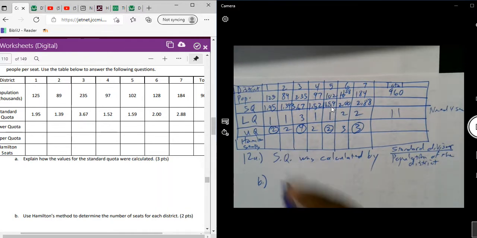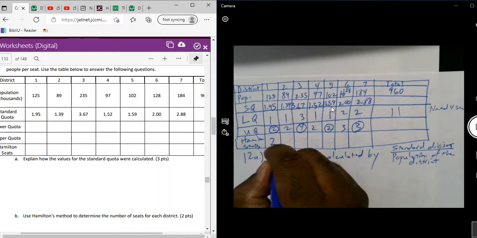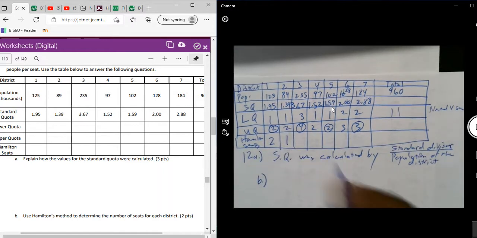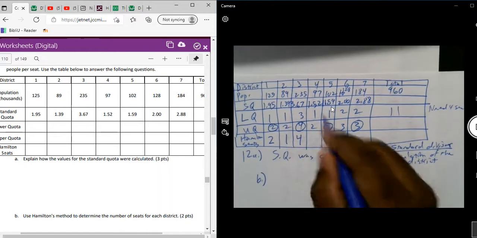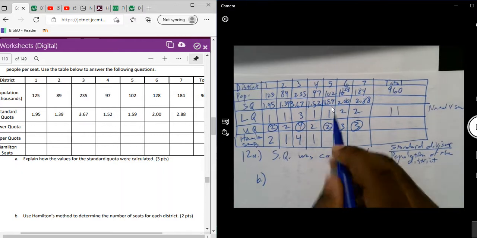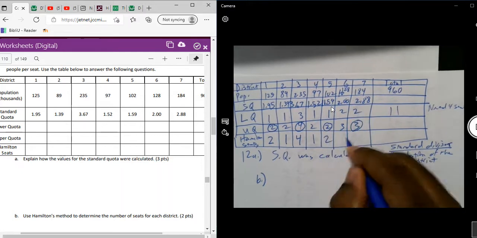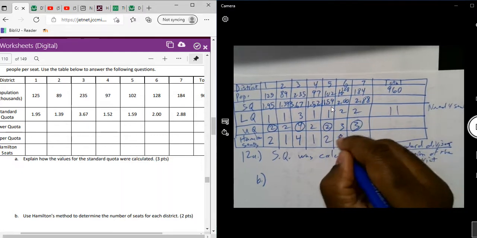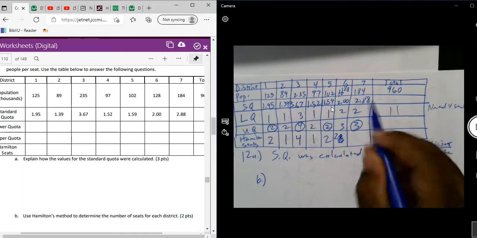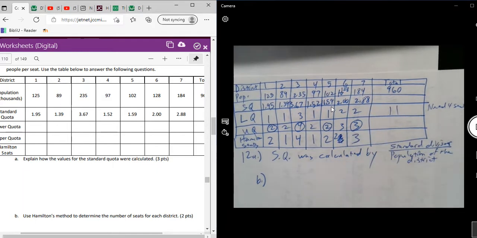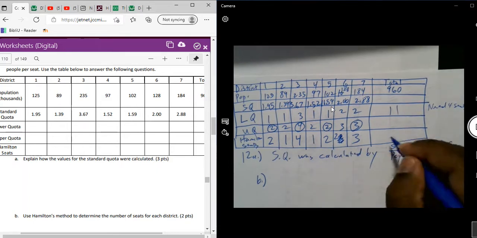So when we do the Hamilton seats, District 1 would be 2, District 2 would be 1, District 3 would be 4, District 4 would be 1, District 5 would be 2, District 6 would be 2, and District 7 would be 3. Now when we add these up, this is 7, 8, 10, 12, 15.